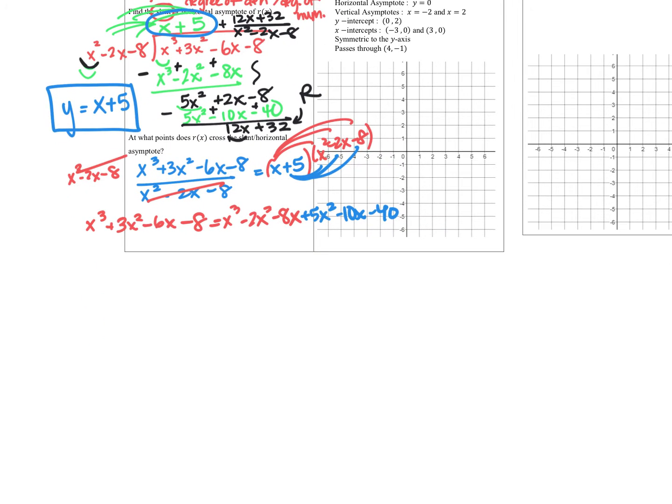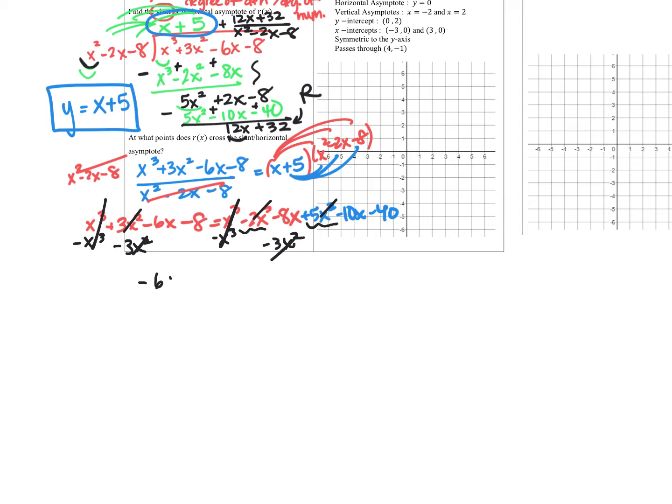So trying to put together our like terms. Normally, if we have a bunch of polynomial terms going on, we want to make it equal to 0. So I'm going to move my terms over, which these cancel out. Notice there's a negative 2x squared and a 5x squared. That's really 3x squared. So if I subtract that 3x squared, that's going to cancel that out too. So all those terms are gone.